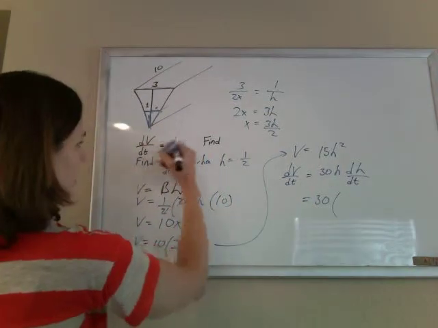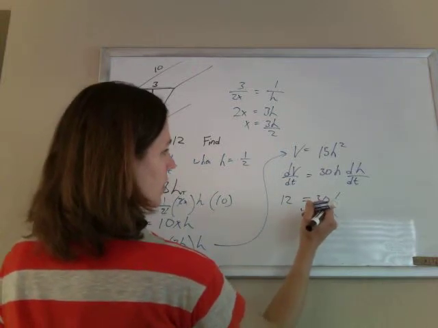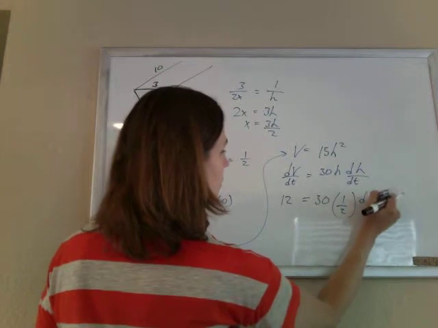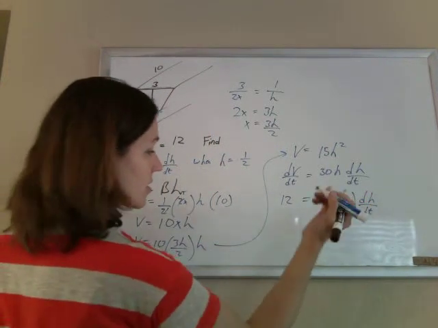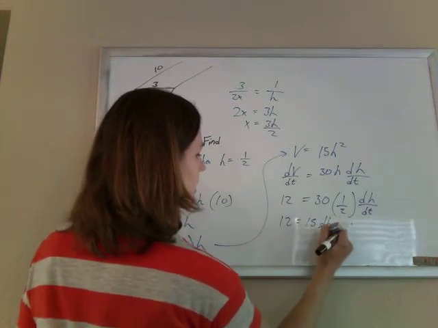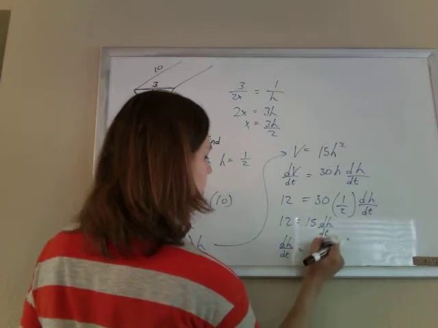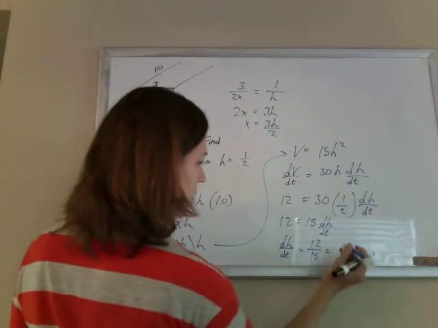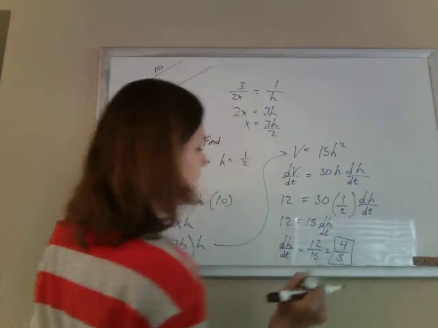I can plug in dV/dt is 12, and this is 30, h is 1/2, and I'm looking for dH/dt. So just solve this guy. This is 12 equals 15 dH/dt. So dH/dt is just going to be that 12 divided by the 15. If I divide that by 3, I get 4 over 5. dH/dt is 4/5.